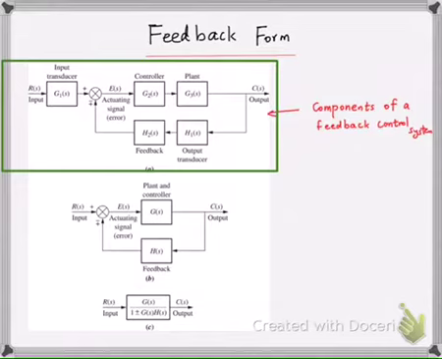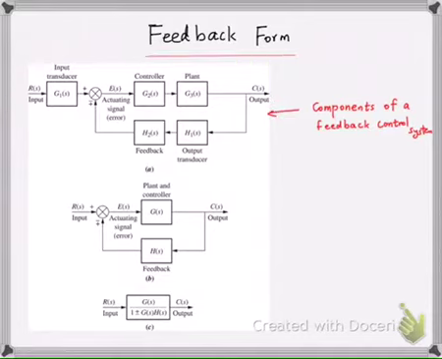That's pretty much what you also saw in the very first lecture. This system has an input, or what we call the reference input. This could represent what we call the input transducer. The input, or your reference, could also have its own transfer function.